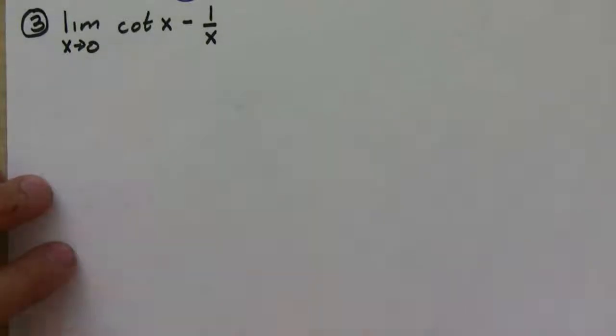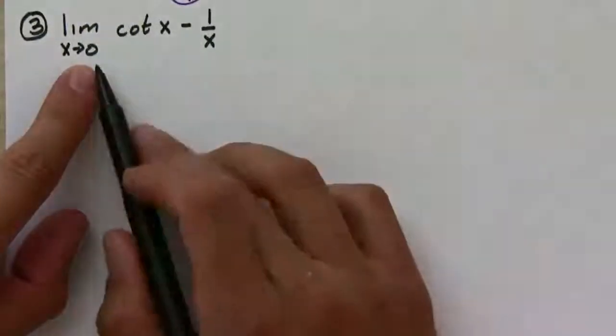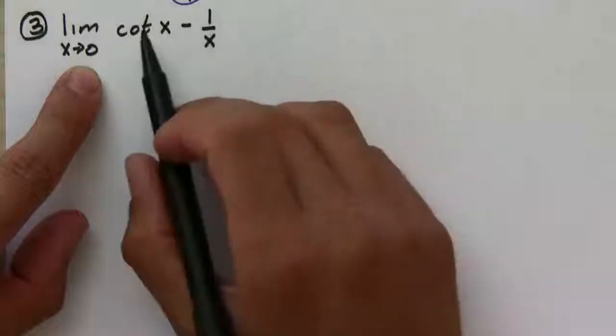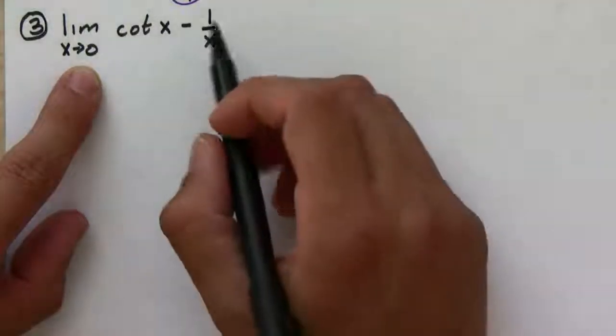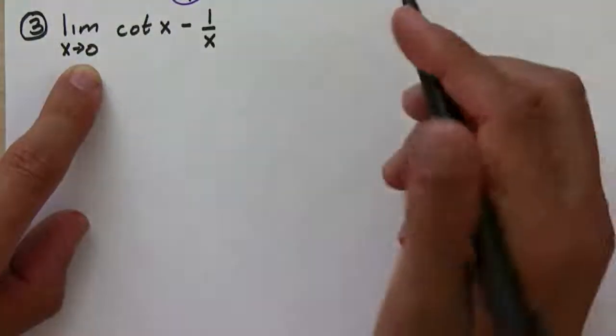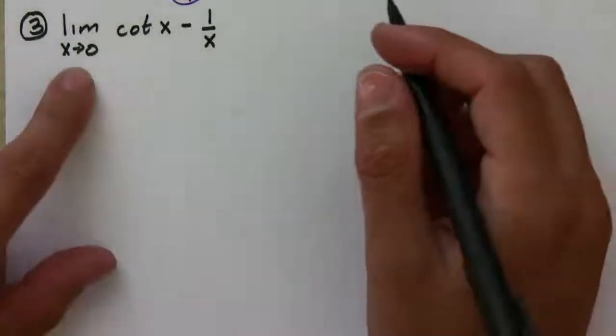Okay, so in this next one, this is where things start getting a little tricky, because notice that if we plug in our value, we don't have the usual fraction where we're going to get 0 over 0 or infinity over infinity.